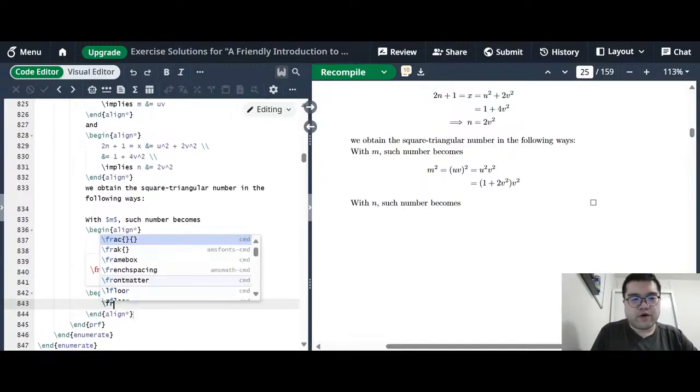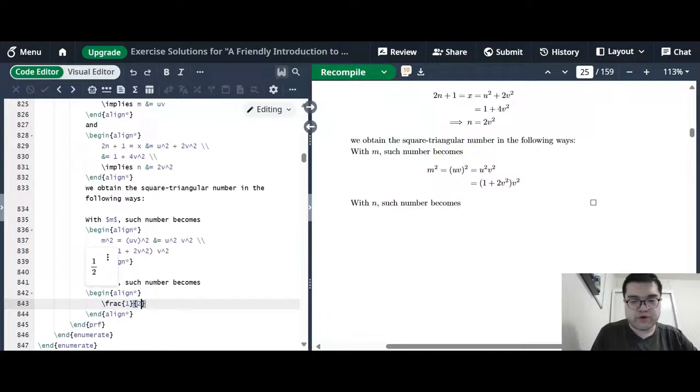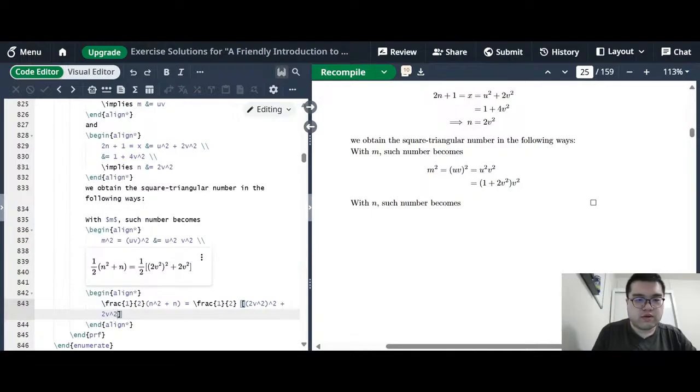Using n, which is a triangular number, we have 1/2 times n squared plus n, which by substitution, n is going to be equal to 2v squared. So we're going to put it like this: 2v squared squared plus 2v squared. Now I'm going to factor out the 2v squared.